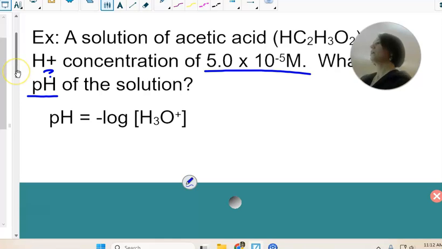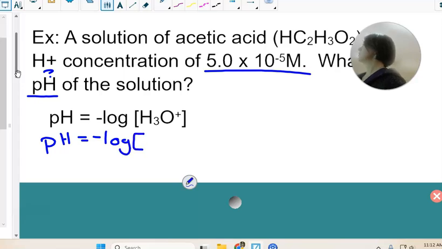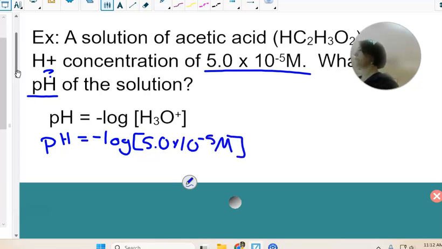So I will plug in my numbers below that. Negative log, concentration is in brackets, 5.0 times 10 to the negative fifth molar. And then on my third line, I'm going to write the answer.